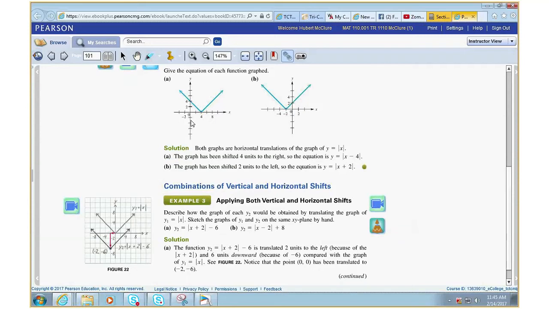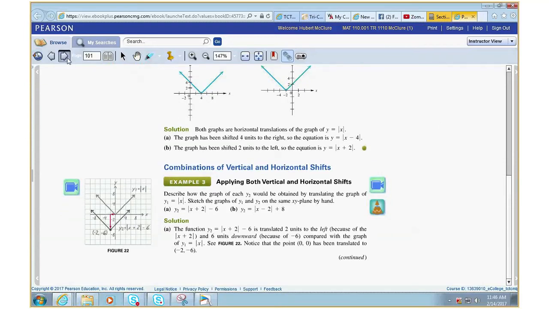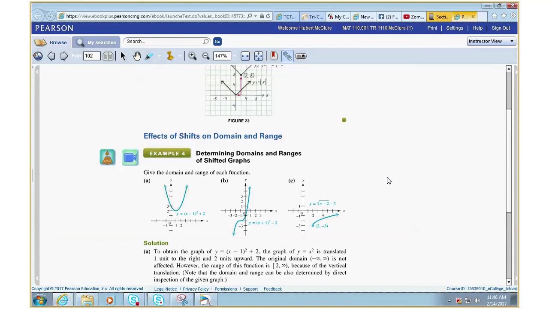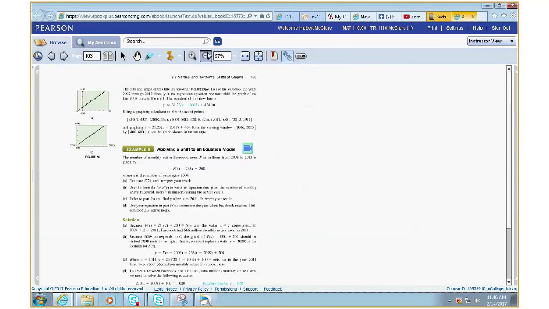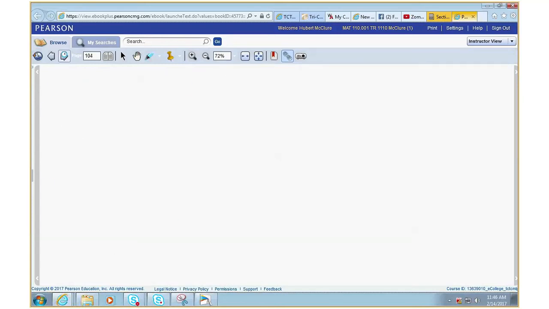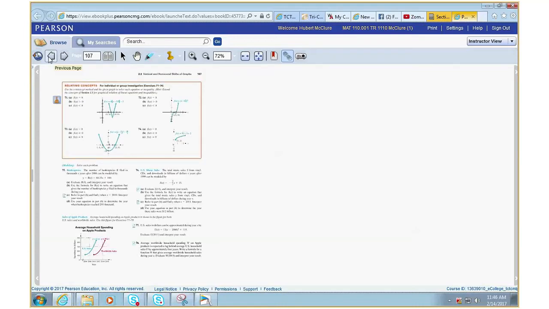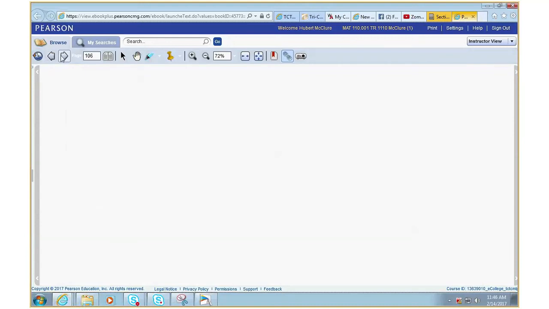This would be a horizontal shift of 4 to the right, which would be -4. This would be a horizontal shift of 2 to the left, which is what? +2. And that's your homework.